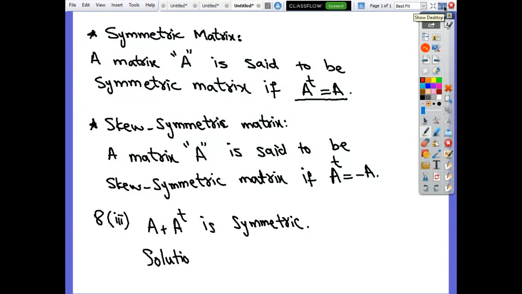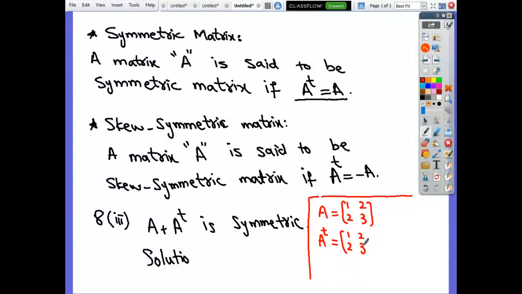For example, here we write the example. A matrix A is equal to [1, 2; 2, 3]. If we take the transpose of the matrix A, that is A transpose, it becomes [1, 2; 2, 3].